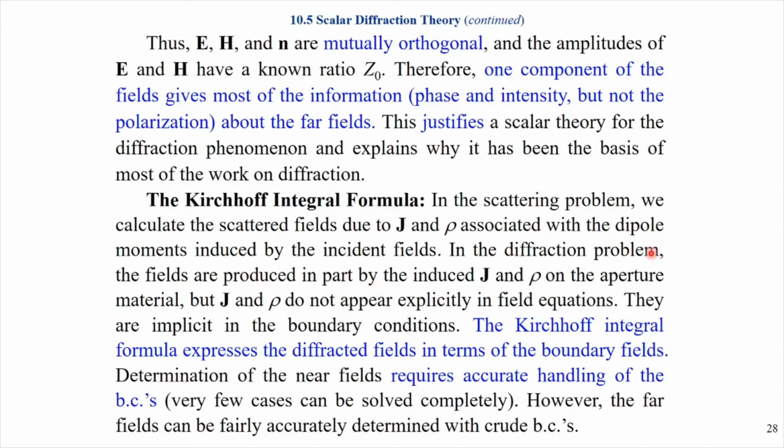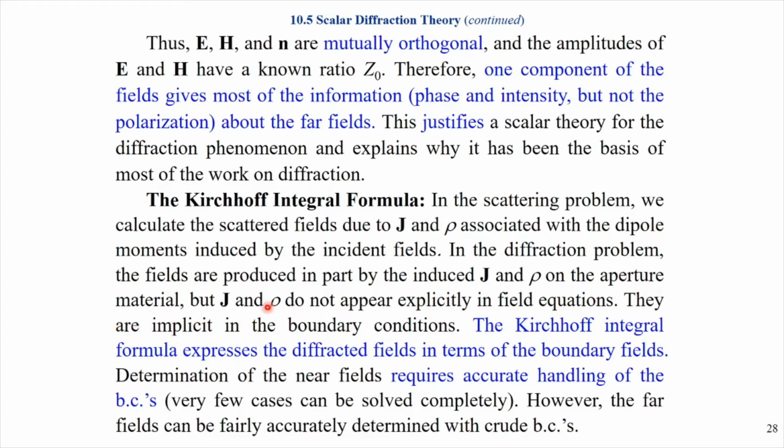In the diffraction problem, the fields are produced in part by the induced J and rho on the aperture material, but J and rho do not appear explicitly in the field equations. Okay, they are implicit in the boundary conditions.